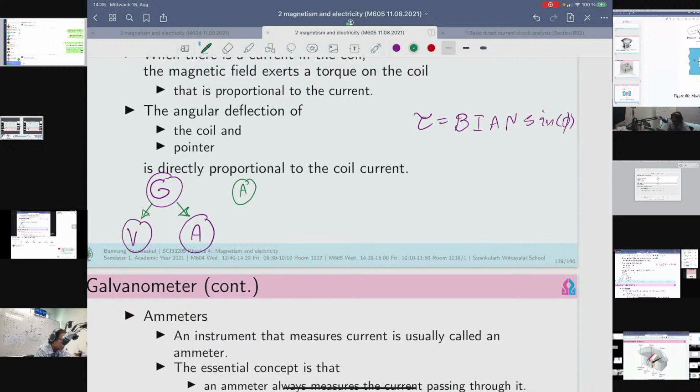Let's consider the first one, when we are interested in applying the galvanometer as the ammeter. Before that, you may need to know first the theoretical idea of the voltmeter and the ammeter.